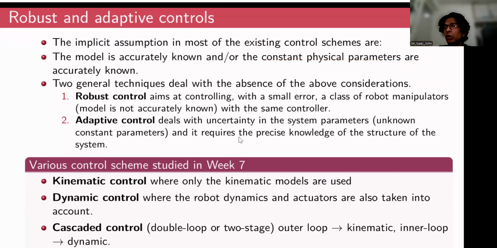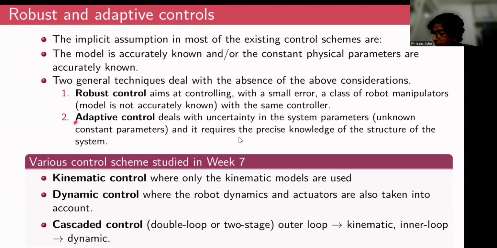Maybe we can use the same control gains in order to achieve a goal. So such philosophies or such control schemes are called robust control. Even if there are small errors in it, we can still use the same control parameters. It would give you a very acceptable result. But we have to ensure that the errors are within some bounds. The bound of the error will have to be known in advance.